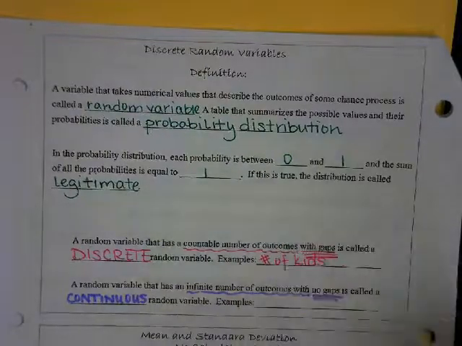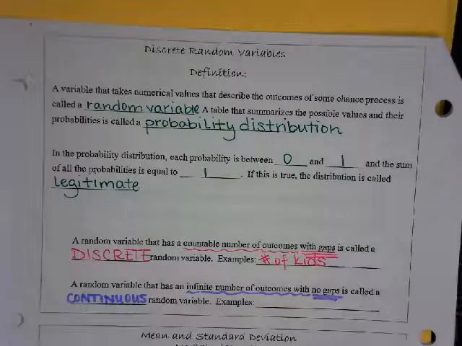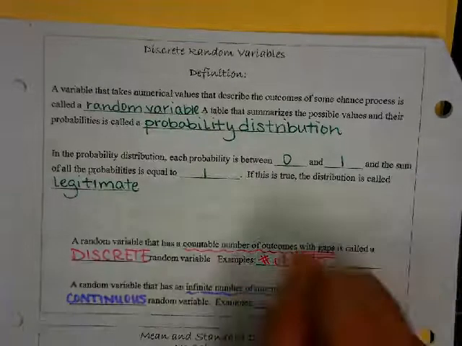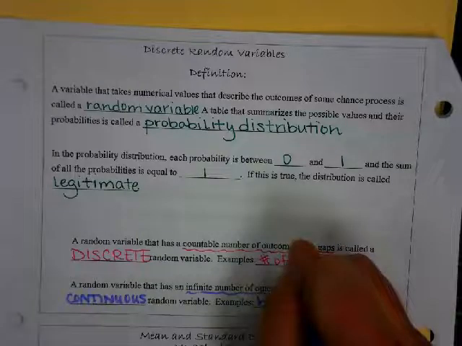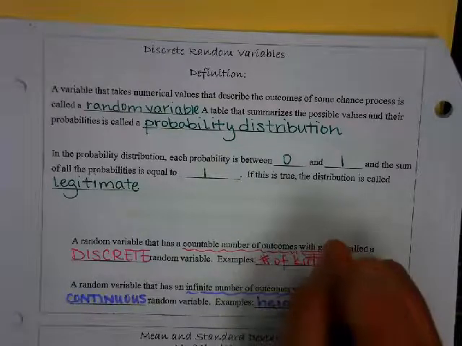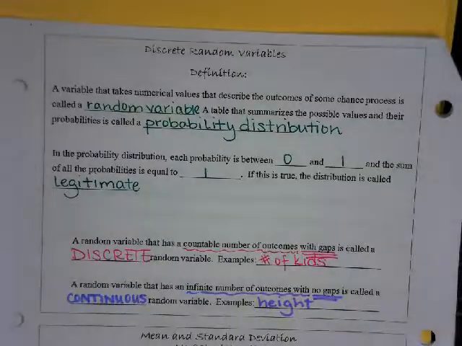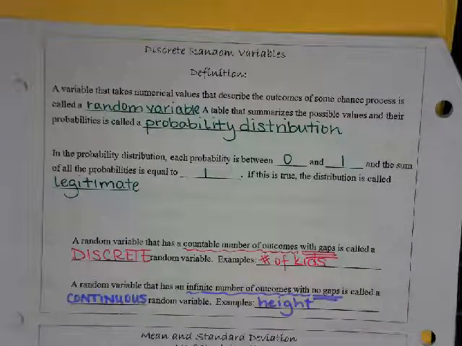An example there would be height, because somebody can be 67 inches tall, and then the next person could be 67.1 inches tall, and 67.2 inches tall, and 67.25 inches tall.